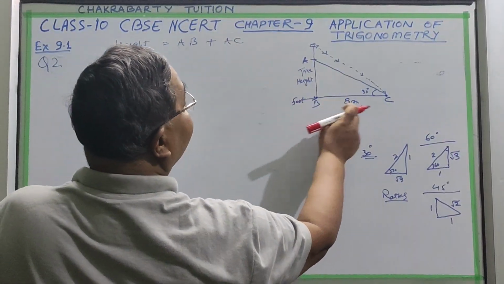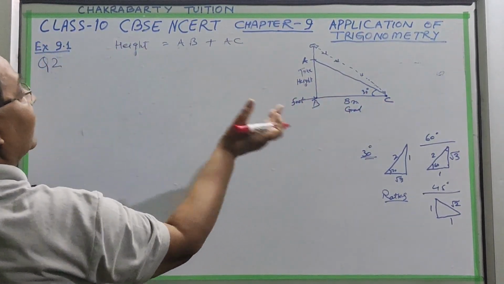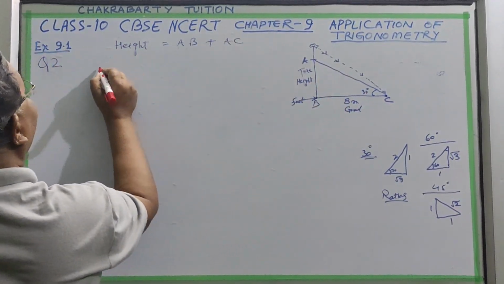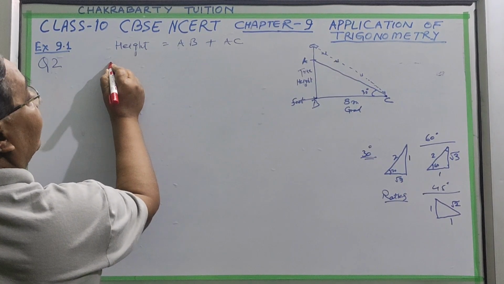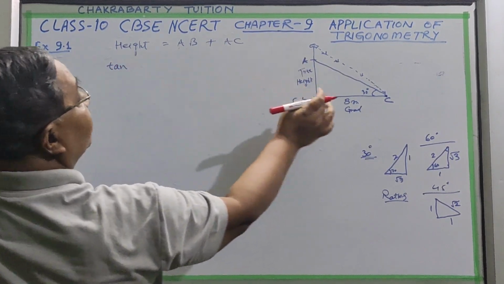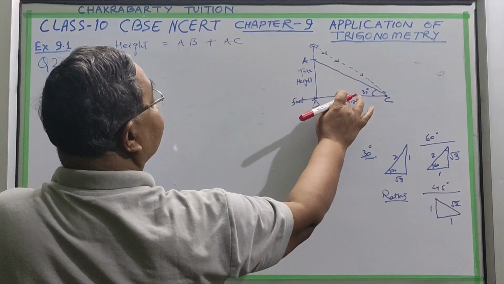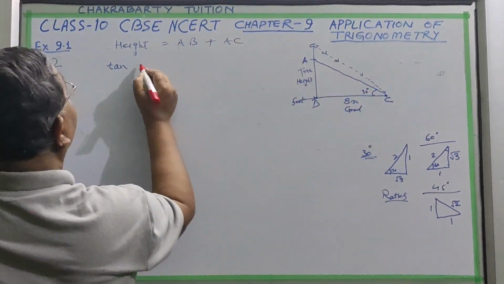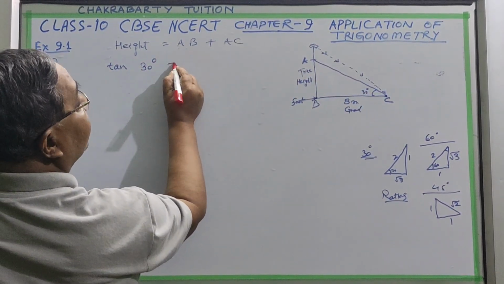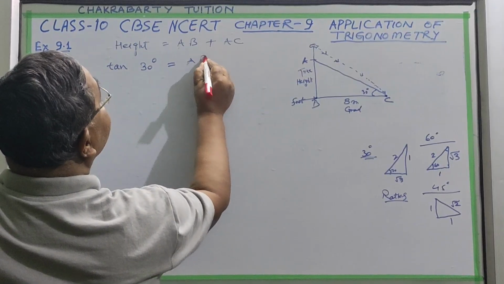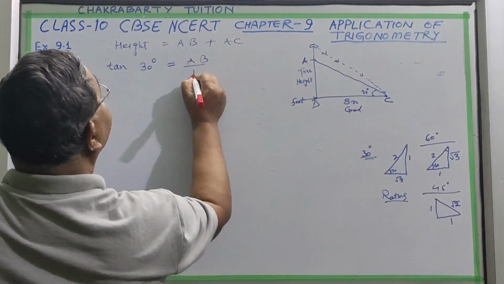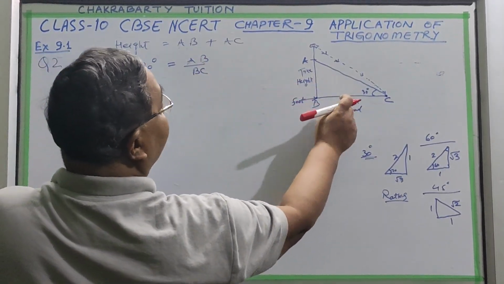So in triangle ABC, one triangle only there. First we will take tan 30 degree, tan 30 degree will be AB upon BC. Okay, AB upon BC.